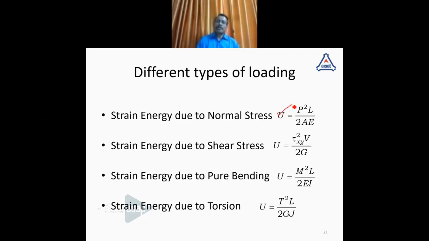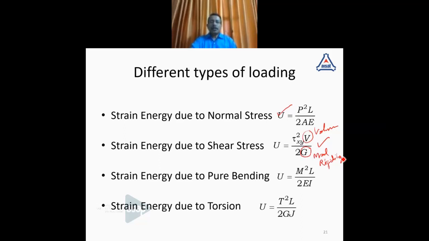Using the same approach, starting from the basic principles, we can show that when a shear stress of tau xy is applied on a body of volume V, G is the modulus of rigidity, a material property.